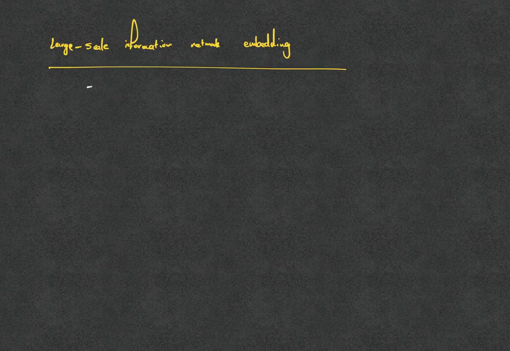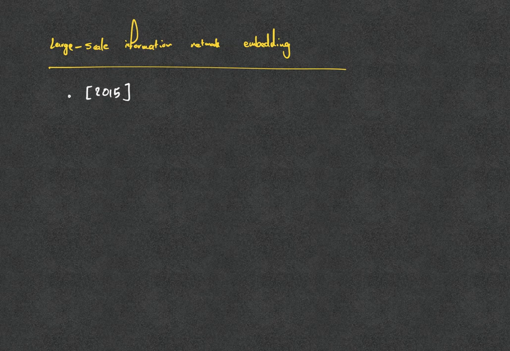The LINE approach, or large-scale information network embedding, which was introduced in 2015, is also a pretty interesting approach with some close theoretical ties to the Node2Vec and deep walk approaches. In this case, you have two encoding decoding schemes.